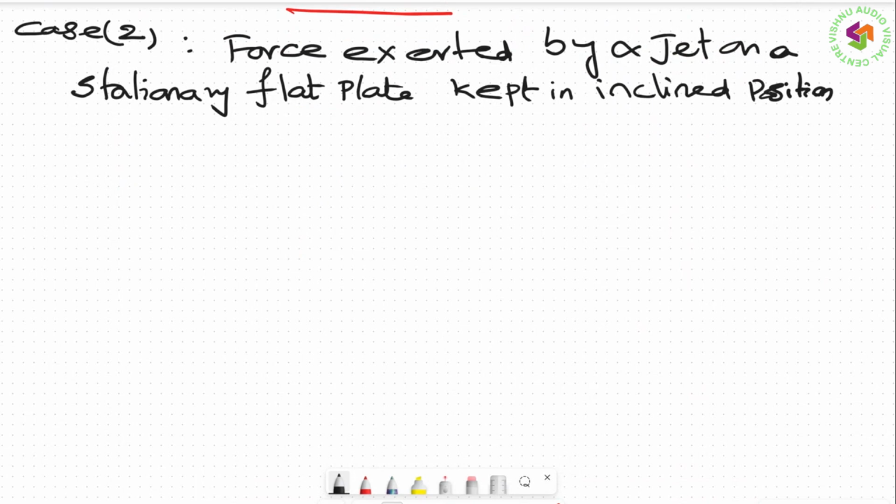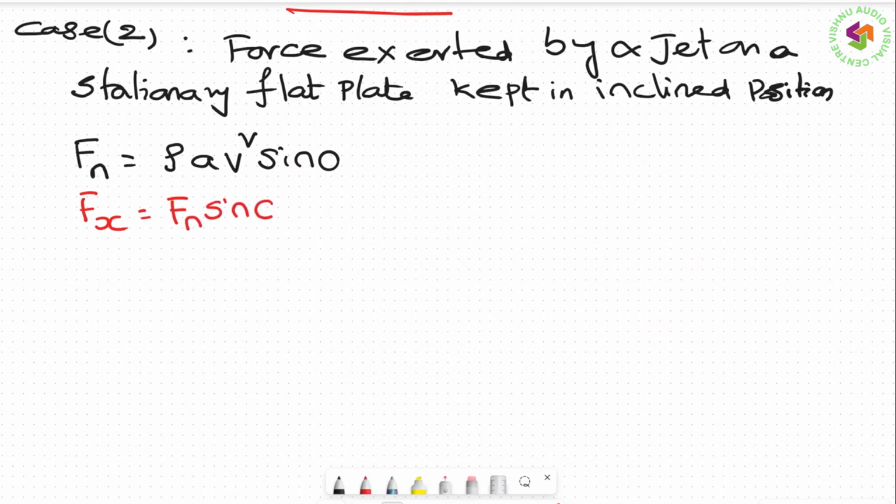And we know the equations. So number one is Fn, we will calculate. This is called the normal force. Normal force is equal to rho A V square sine theta. Whereas Fx is equal to Fn sine theta, which is equal to rho A V square sine square theta.